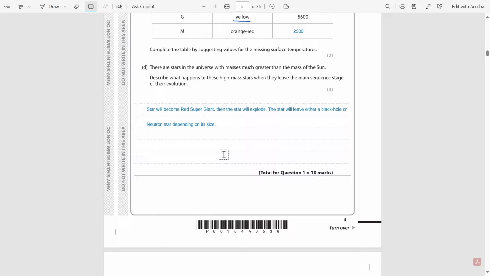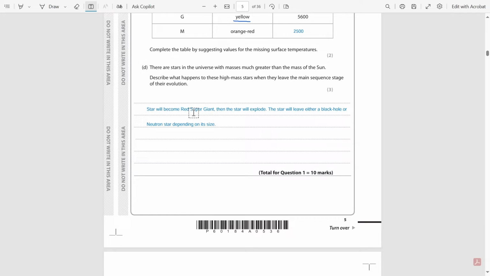You have a lot of lines here, and that's probably because a normal person would not say this little. Probably they'd say the star will become a red supergiant once it has run out of its hydrogen fuel for nuclear fusion. When that happens, first it will collapse on itself, and this causes high temperatures inside of the star.